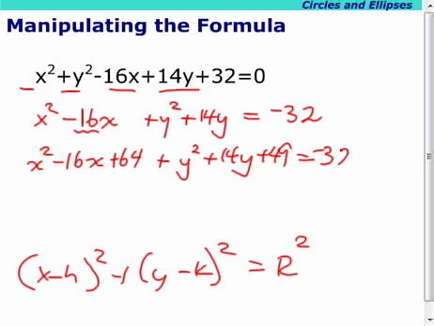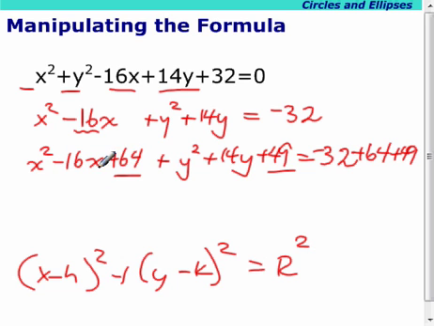49 equals minus 32. Now, when I look at this equation, it looks like I added this in, and I added this in without making any compensation for it. If I add a 64 on the left side, I can compensate for that by adding a 64 on the right side. Similarly with the 49.